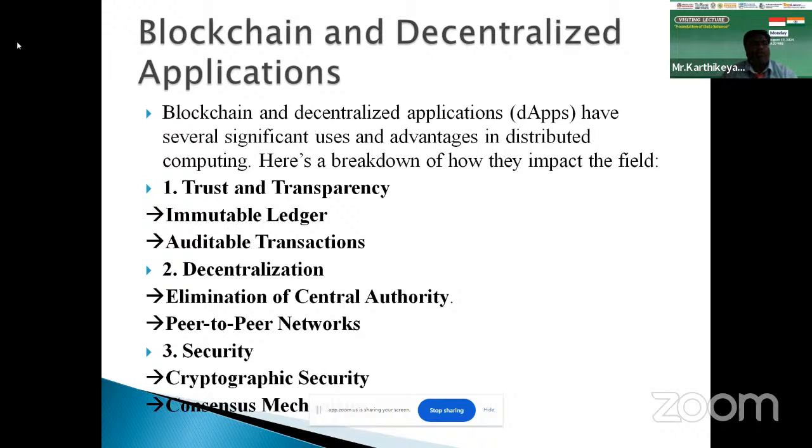The transactions are verified using cryptographic hashes and smart contracts are executed in a secure environment, minimizing the risk of tampering or fraud. Consensus mechanism is nothing but it ensures that all nodes agree on the state of the blockchain. This prevents malicious actors from manipulating the data.